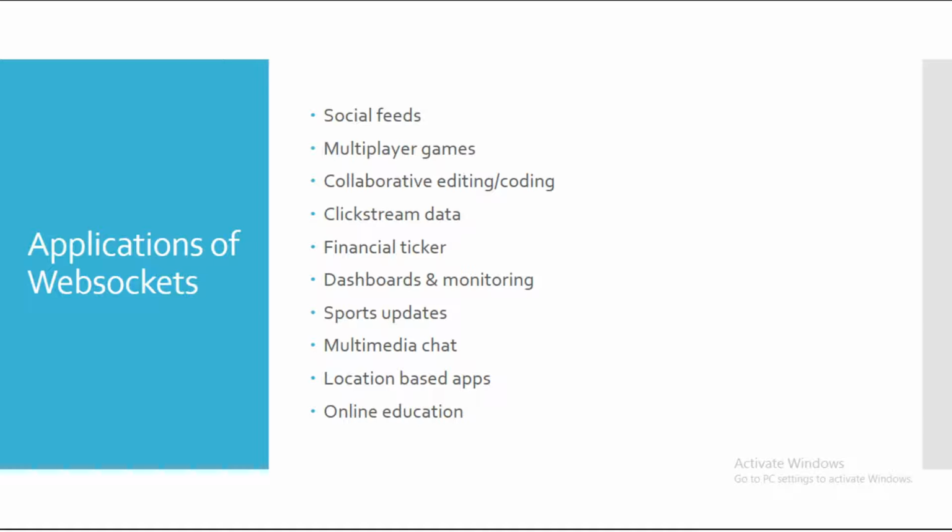But if there is some coding environment established with WebSockets, two people can be working on the same branch, and both of us will know exactly what each other is doing, because you can have real-time communication there. So collaborative environments like that, and also clickstream data.